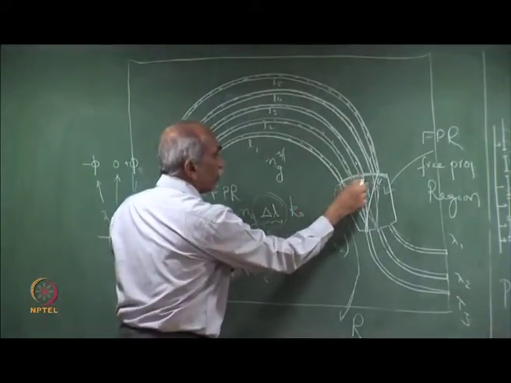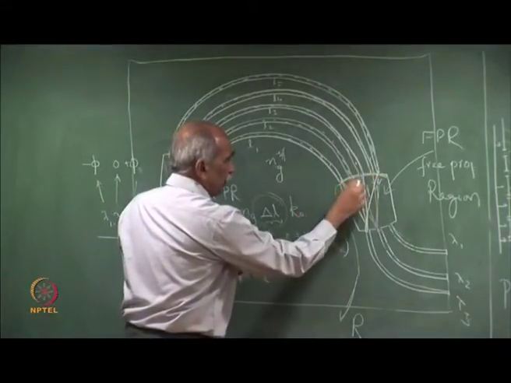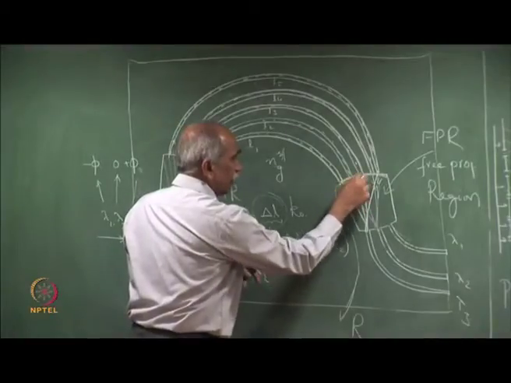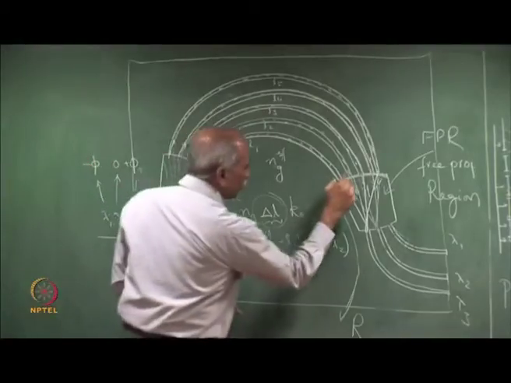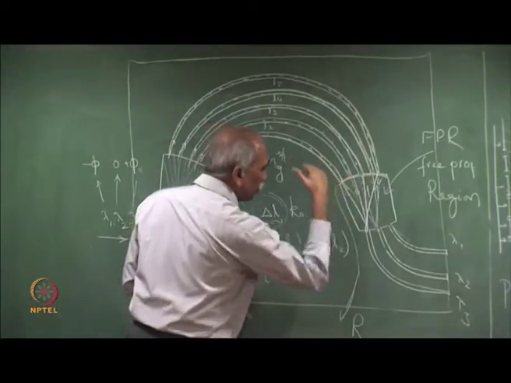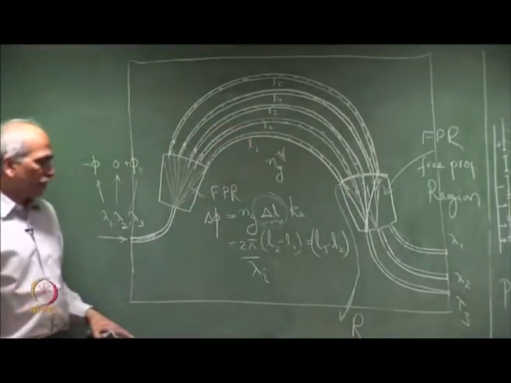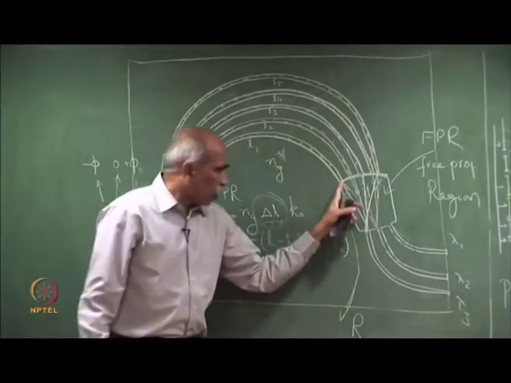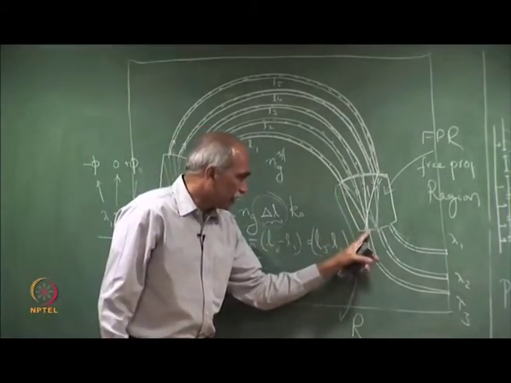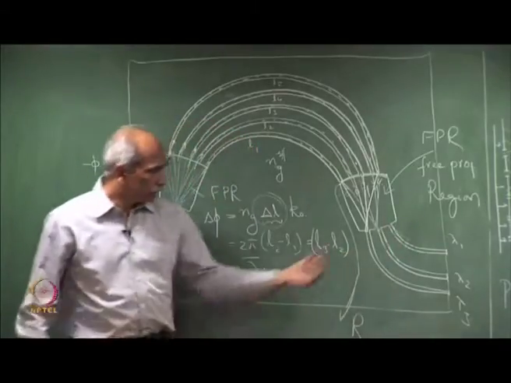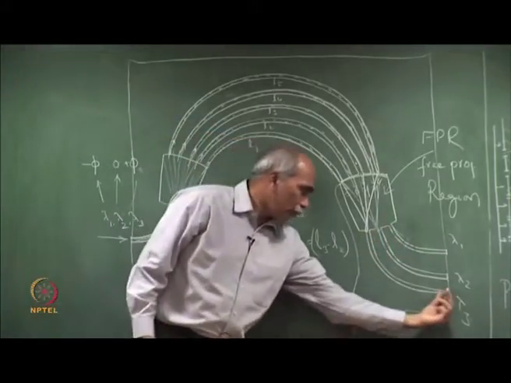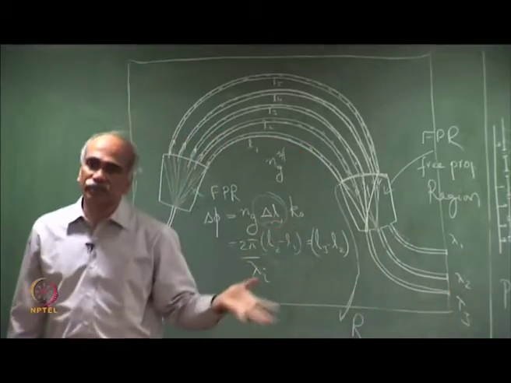From one waveguide to the adjacent waveguide, the phase difference is the same, but that phase difference is different for different wavelengths. And therefore, the output will focus at different spatial positions.